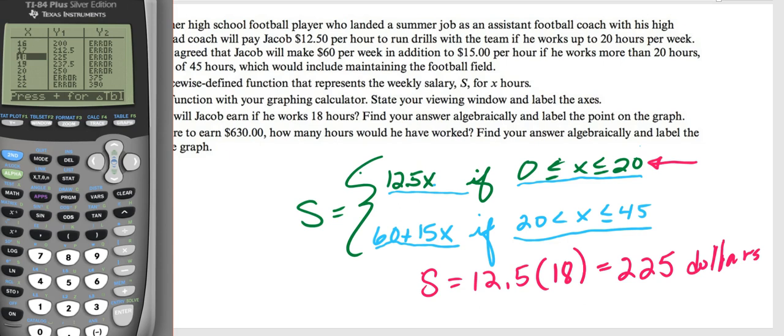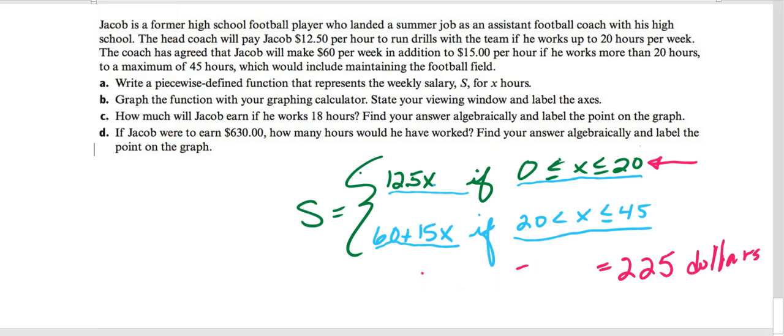Our next part says, if Jacob were to earn $630, how many hours would he have worked? Well, let's just check out our piecewise function. If he works 20 hours, then the most he'll ever earn here is, what, 20 times 12.5? We're talking $250, right? So we definitely are in this part of our function.